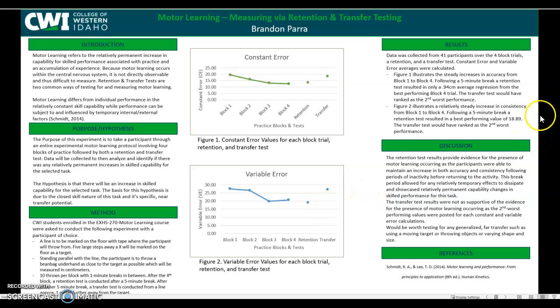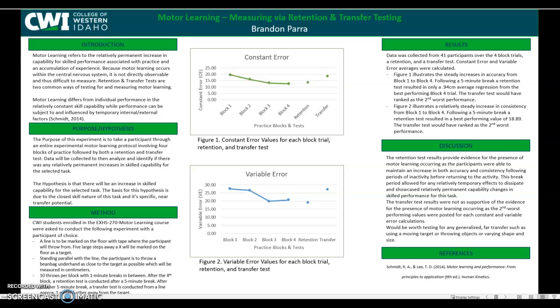So moving on to our discussion, looking at the results. The retention tests, because they were so close to the Block 4 practice trials, are showing pretty good evidence for the presence of motor learning occurring.